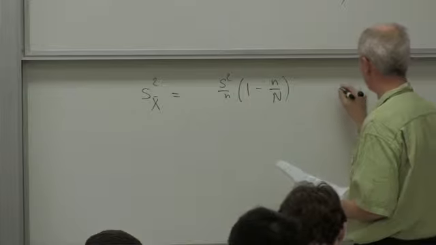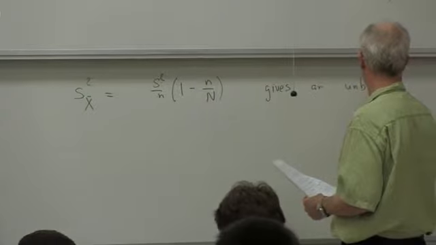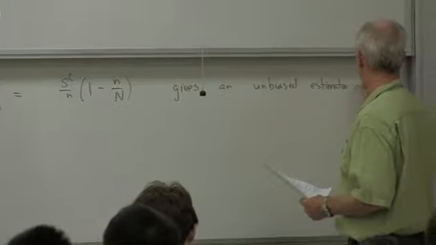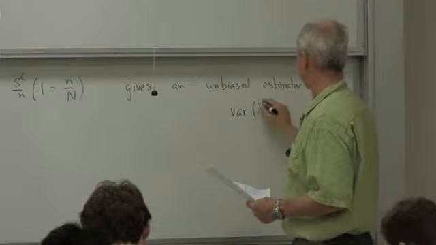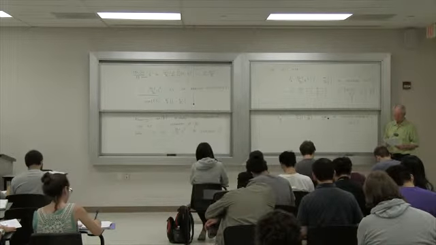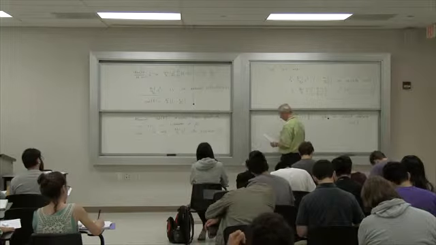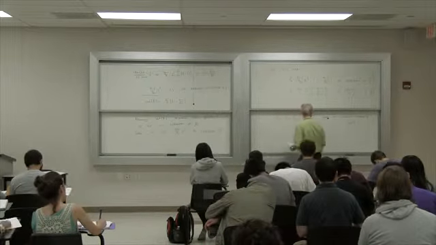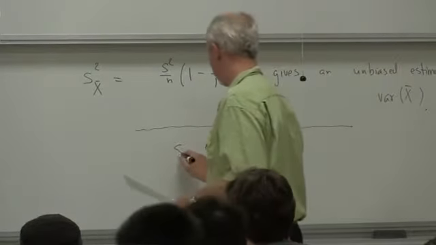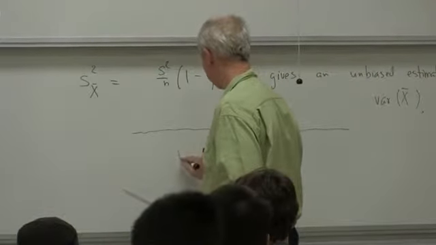So S x bar is called the, well, variance of x bar is... the square root of this is called the standard error.